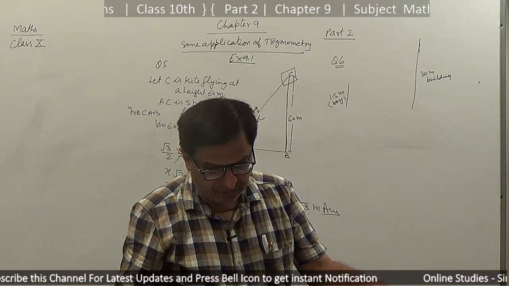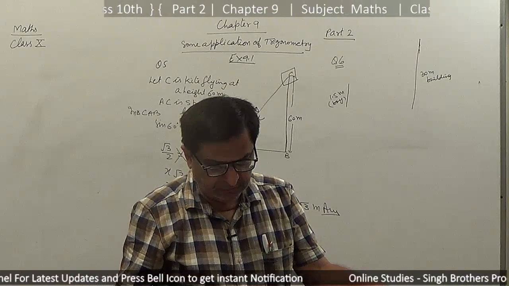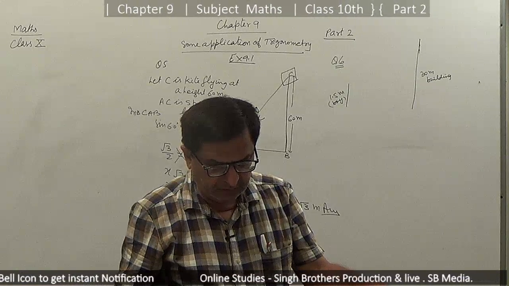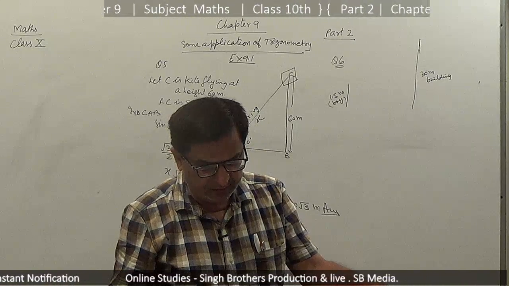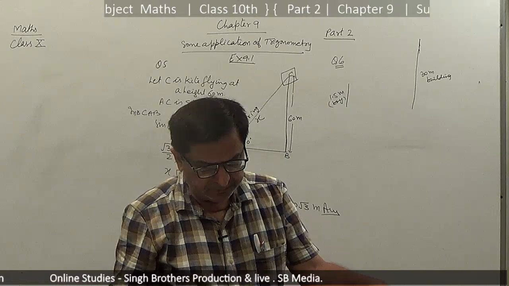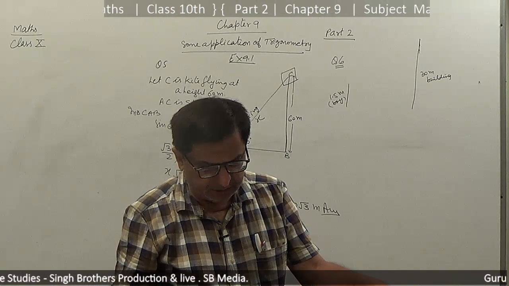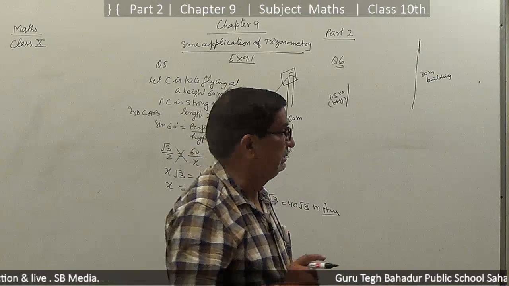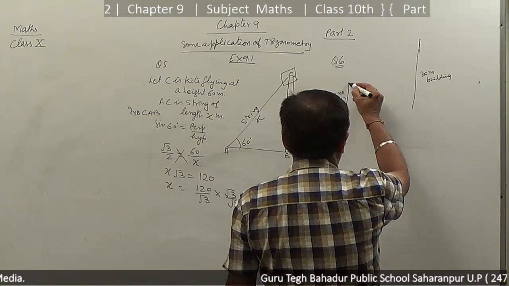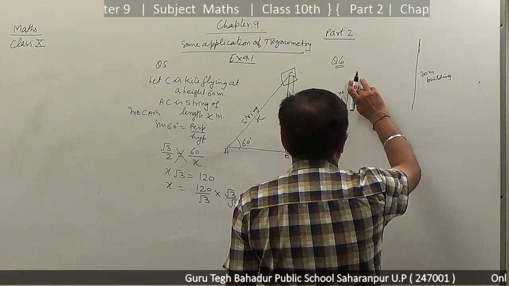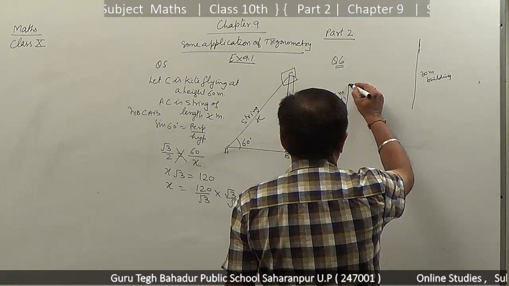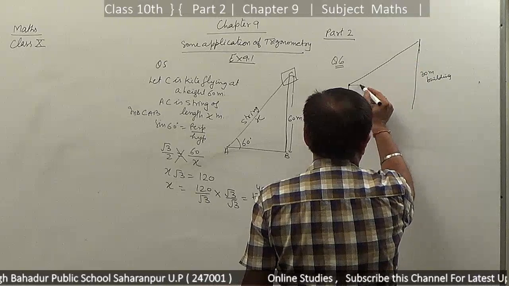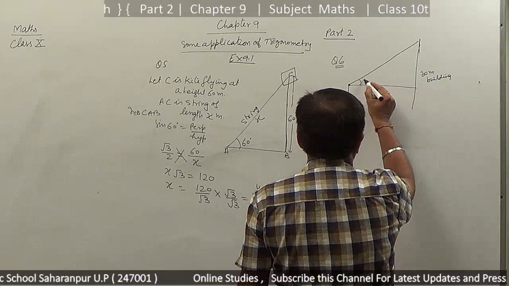The angle of elevation from his eye to the top of the building increases from 30 degree to 60 degree as he walks toward the building. First, from here, from his eyes, he sees that the angle of elevation is 30 degree.